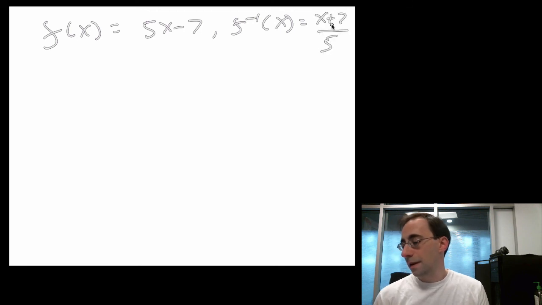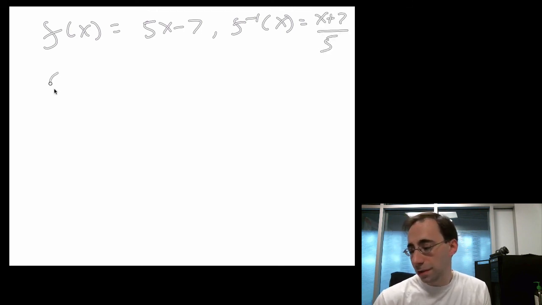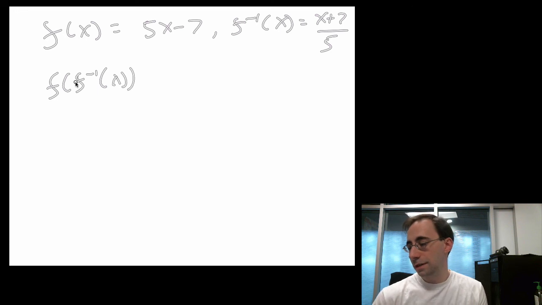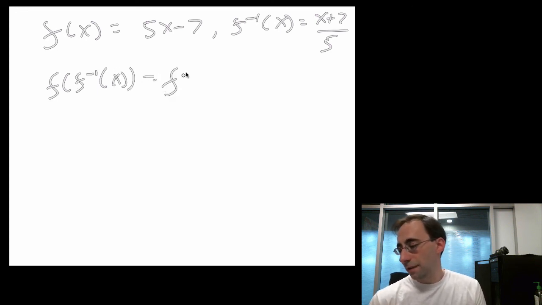How do we check that? Well, first let's do f of f inverse of x. Well, f inverse of x equals x plus 7 over 5.